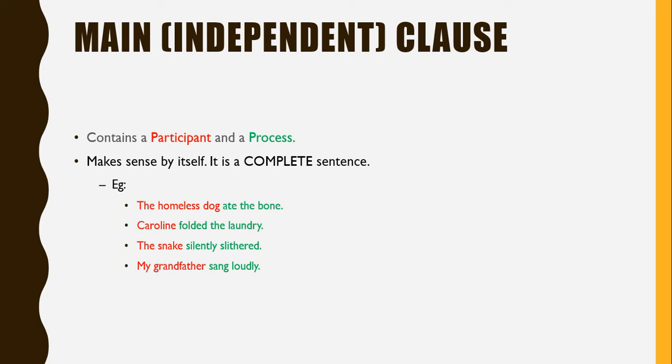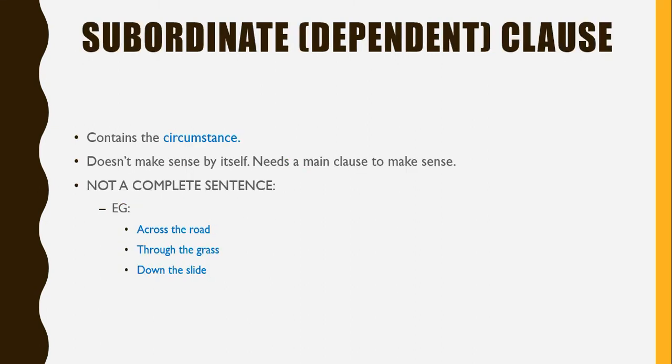For example, the homeless dog ate the bone. Caroline folded the laundry. The snake silently slithered. My grandfather sang loudly. They are main clauses or independent clauses, and they are all complete sentences.